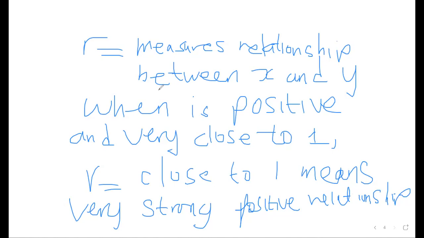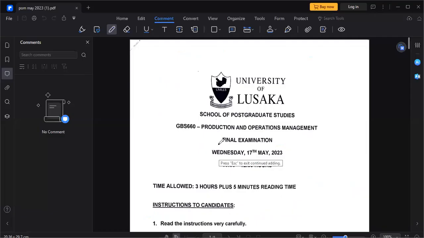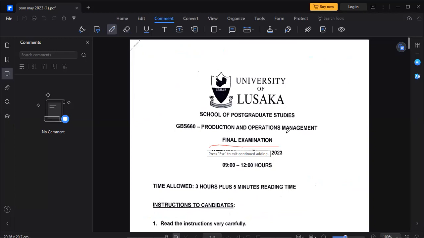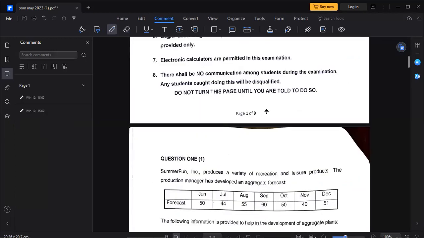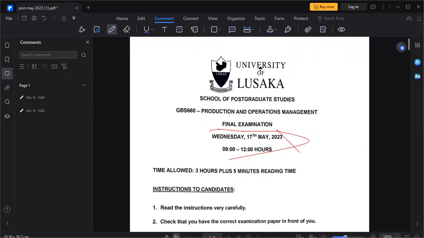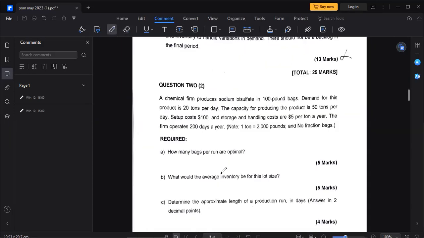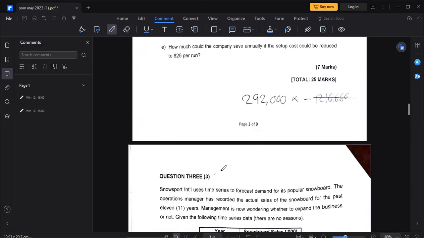So we can quickly get back to the question now. This question came in the May 2023 exam, on forecasting, as question number 3.